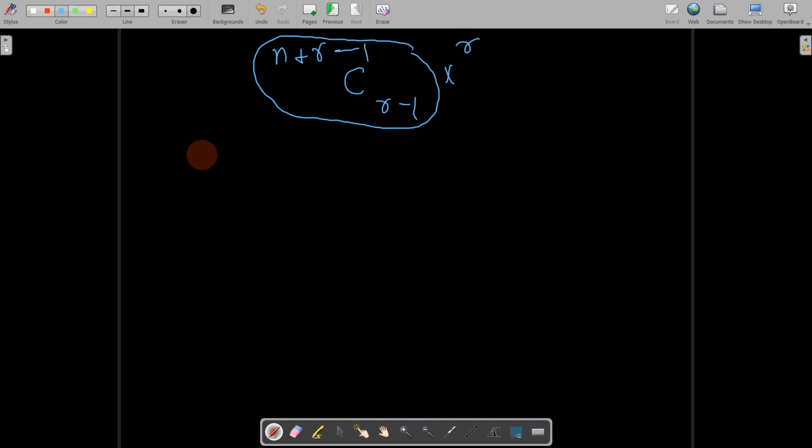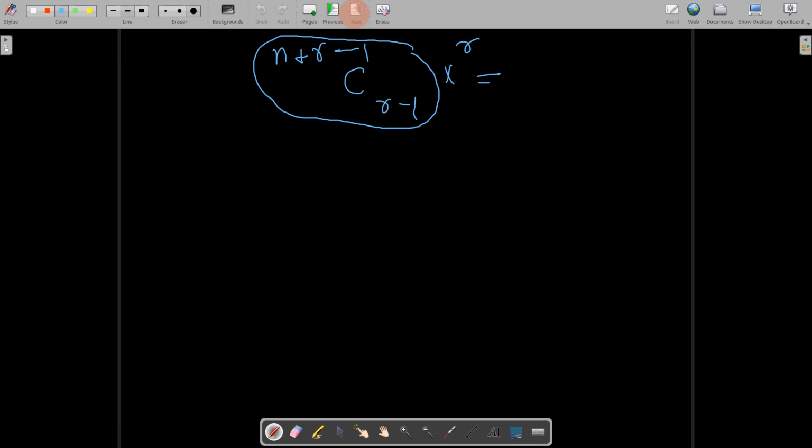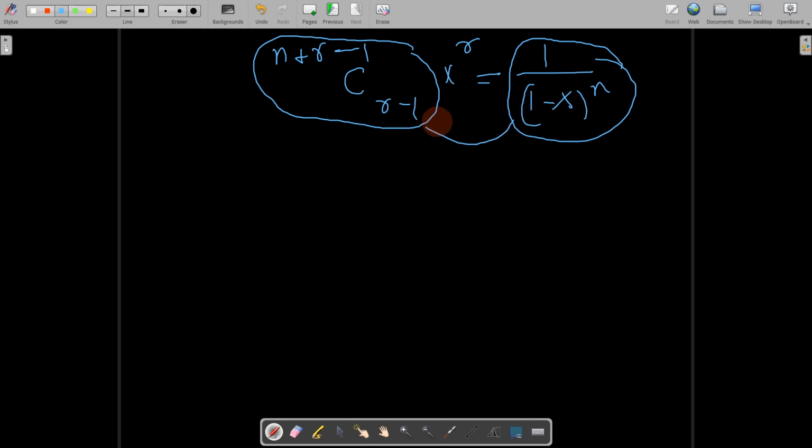So the generating function for this general term is 1 by 1 minus x to the power n, right? So this is the generating function for terms similar to this. Okay.